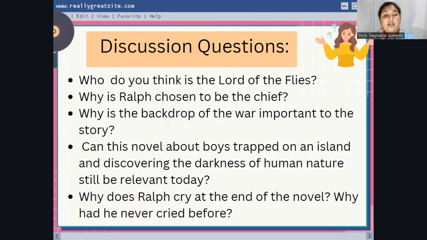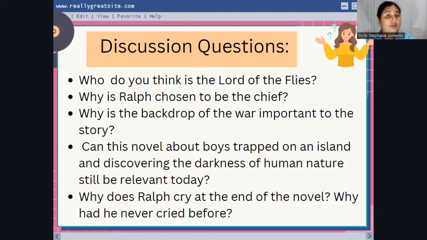So next, can this novel about boys trapped on an island and discovering the darkness of human nature still be relevant today? For me, I would say yes, because when it comes to choosing the right person to be elected during the election, we should vote wisely and choose the one who thinks about the safety and condition of humanity.